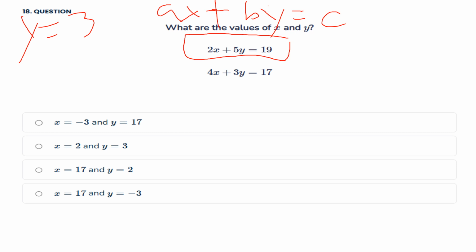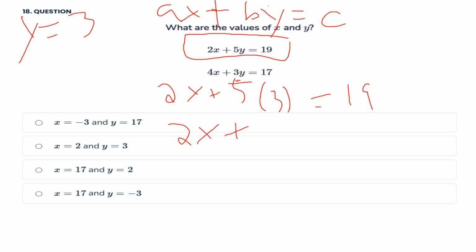So we have 2x plus 5, and we know that y equals 3, so instead of putting the y there, we're going to put a number in there. And now all of that equals 19. All right, 2x. Now we need to multiply 5 times 3.